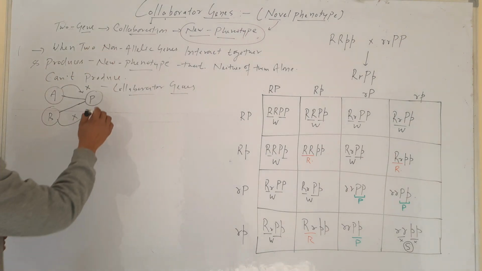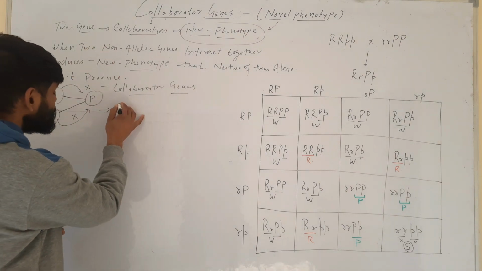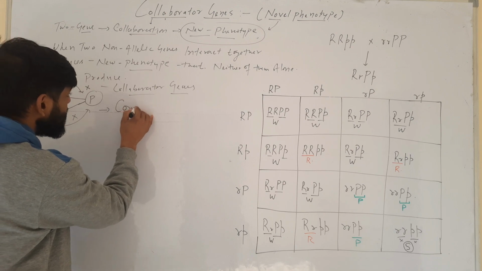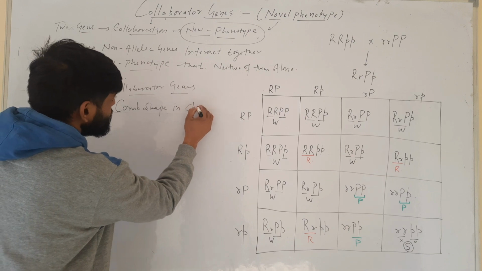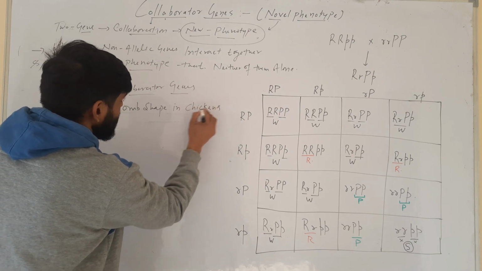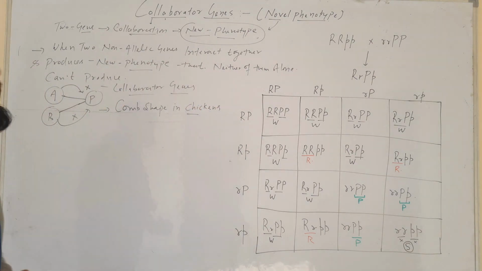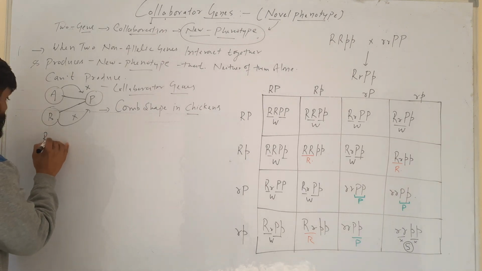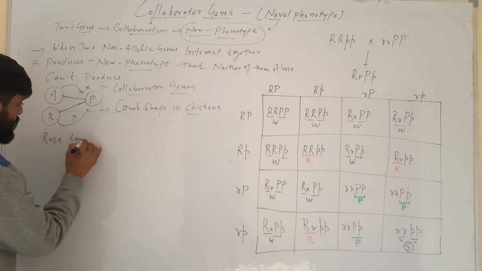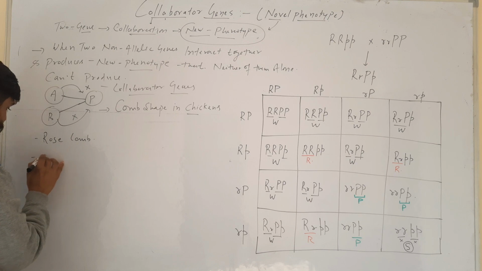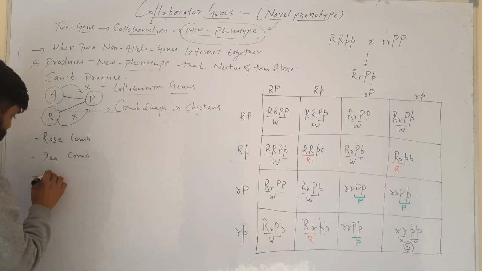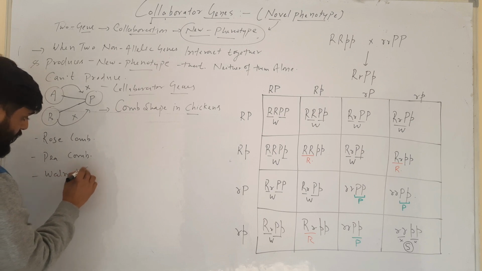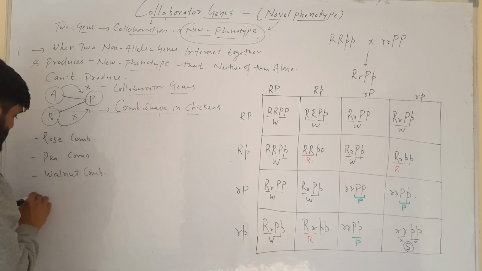An example of collaborator genes is comb shape in chickens. There are four types of comb shape in chicken: rose comb, pea comb, walnut comb and single comb.